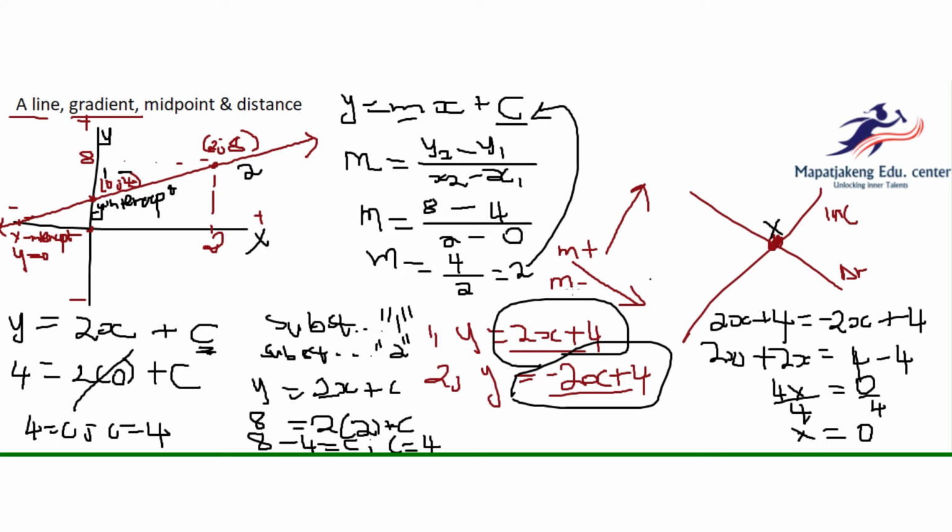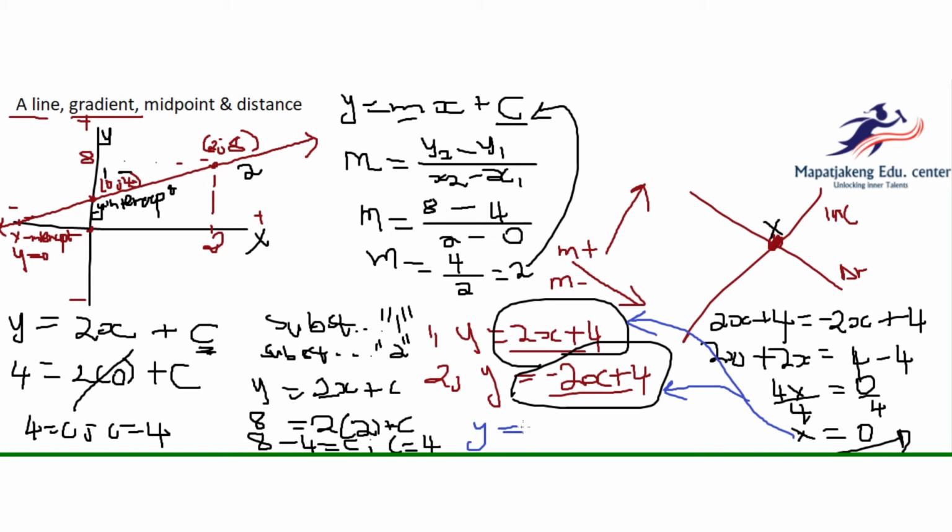So we know for these two graphs or functions, they cut each other at x equals 0. But we don't know y. Then we need to get the y value. Since we know x, we can substitute x in one of the two original functions to get y.